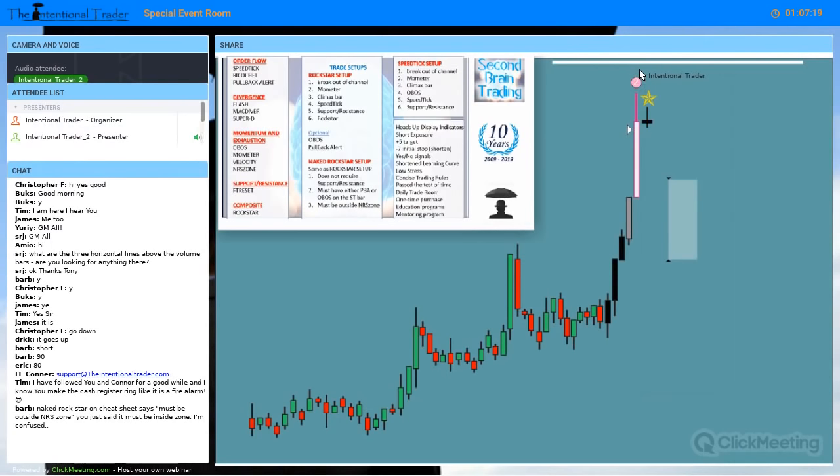Certainly prefer both. My personal trade plan says I only need one or the other. I know other people have trade plans that say you've got to have both or I'm not taking this naked Rockstar. So I added the confluence, the requirement of the OBOS and the pullback alert confluence.